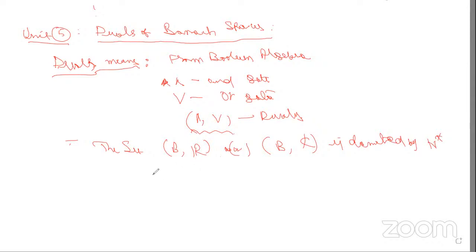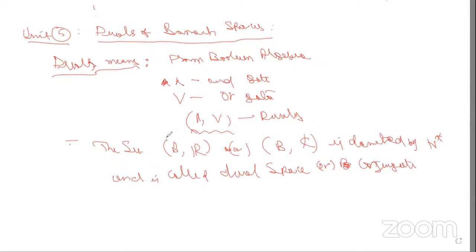N star is called the dual space, or the conjugate space of the Banach space.